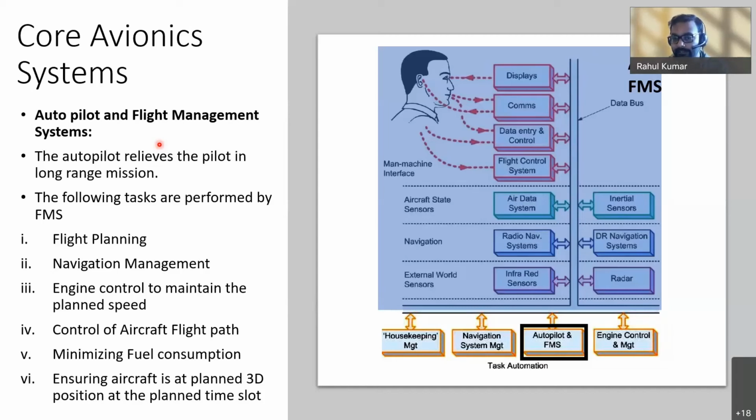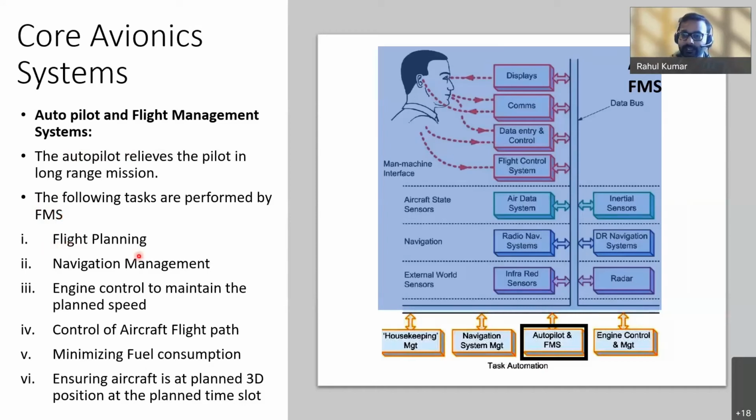Okay, and along with that you have the flight management system, or in short we call it FMS, right? The flight management system reduces the work of the pilot significantly. It will do the flight planning.